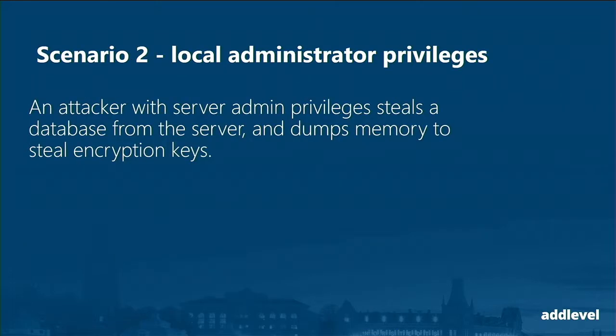Yeah, number 2. Let's look at what we can do if someone gets a hold of local administrative privileges. This is a scenario where you can dump a database out, for instance, and steal the encryption keys. So what can we do to mitigate this?